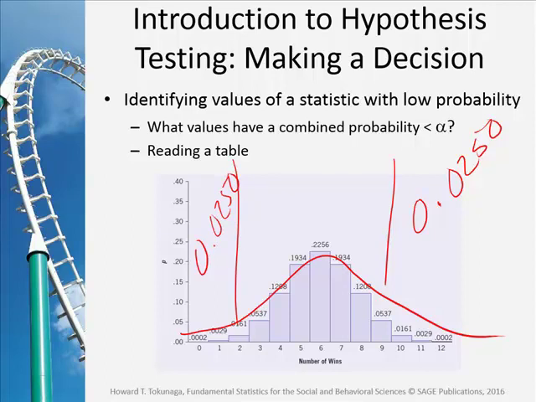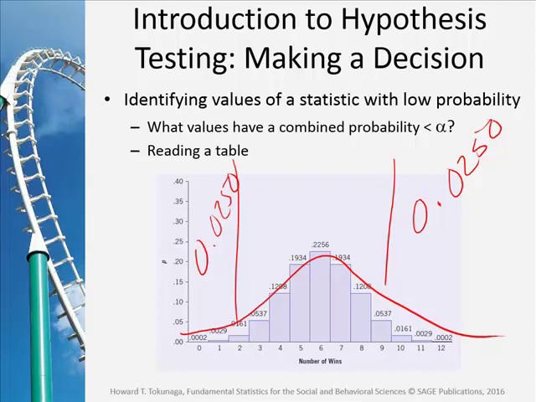Now for this example, how do I know what the requisite number of games to win or lose is to say that there's a relationship with the coin toss and the outcome of the game? This is what I have to do. I have to add up these tiny numbers here until I reach 0.025.